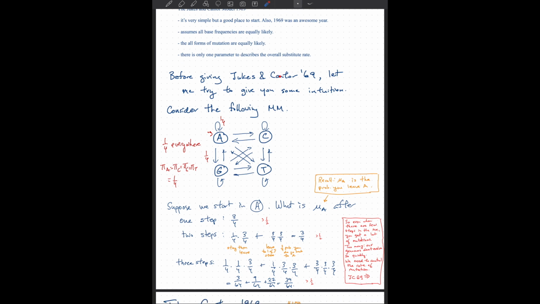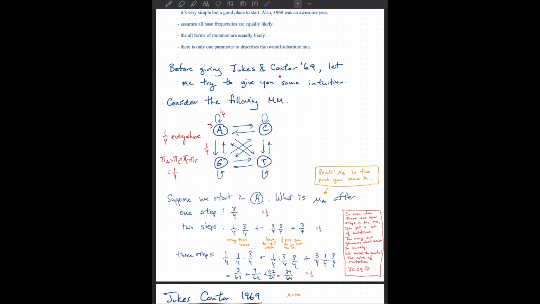Let me try to give you some simple intuition about how Jukes-Cantor and all these models effectively work. We have our Markov model here, and let's suppose, to start with, that everybody's equal at 1/4, even this self arc of 1/4.